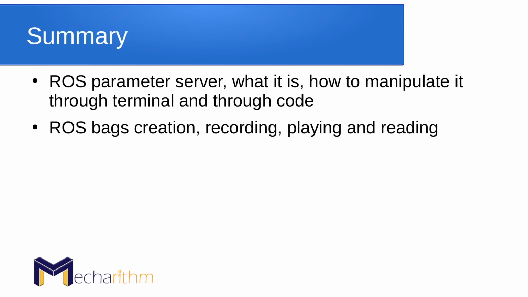You might need to make your code more flexible by including them as parameters that you change by accessing the YAML file itself instead of having to go through your code looking for the variables or the constants that you want to change. So it's better to have a YAML file that's quite accessible to every user, where you can manipulate the parameters as much as you need, and the ROS bags are pretty useful for troubleshooting. So that's all for today.